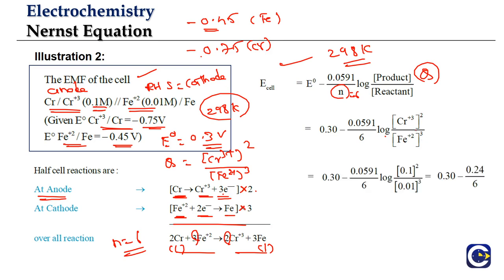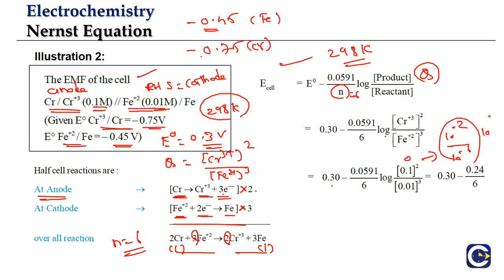So here, 0.3 minus 0.0591 by 6 log of chromium 3 plus ion concentration 0.1, so 0.1 power 2, divided by iron 2 plus concentration 0.01 power 3. The numerator, 0.1 means 10 power minus 1, so basically this is 10 power minus 2, divided by the denominator 10 power minus 6.